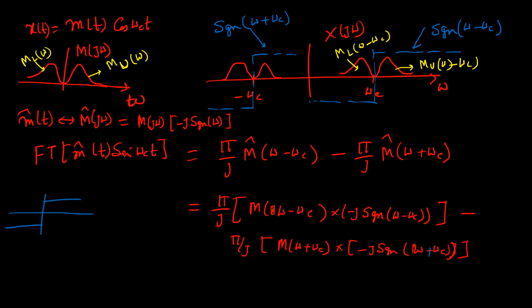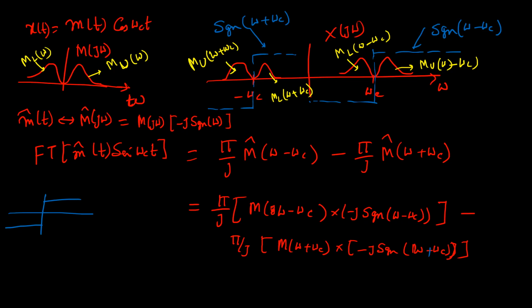Okay, I'll consider this the upper. Again I'll consider this upper, the same upper, shifted here. So omega plus omega c, and this is your M lower, omega minus omega c plus omega c.